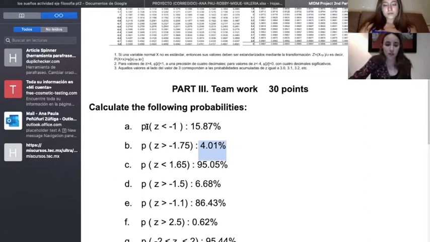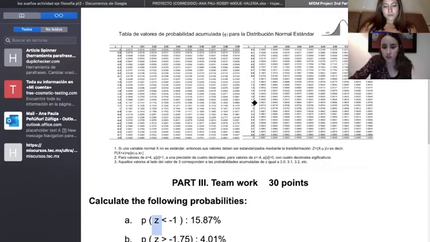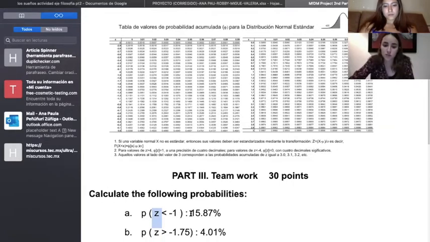In the other scenario, where the value is less than z, you only look up the value in the table, and that's all. You only locate the number and you write it here.